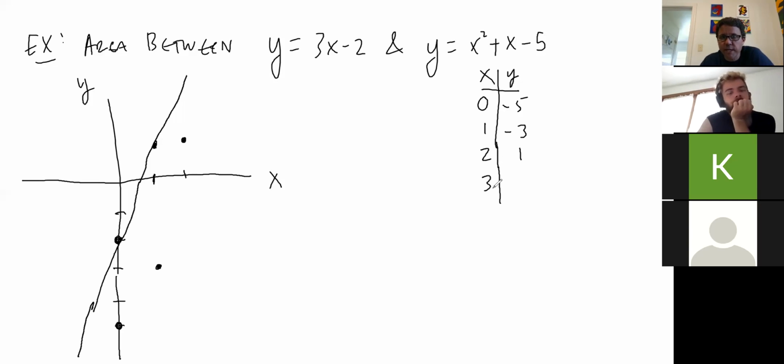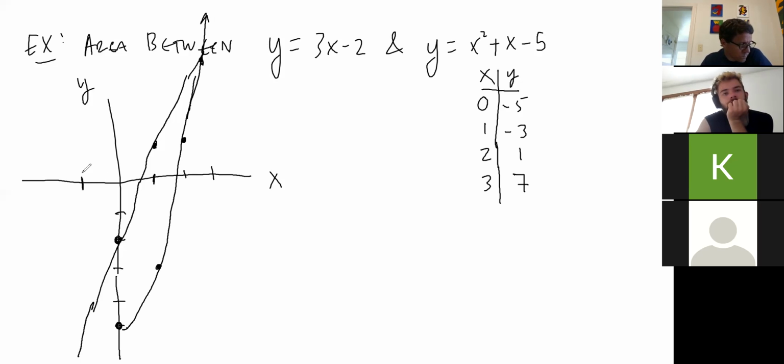If I plug in 3, I'll get 9 plus 3, which is 12, minus 5, which is 7. And if I plug in 3 over here, I get 3 times 3, which is 9, minus 2, which is also 7. So up here somewhere I have my parabola, which continues throughout, but it hits my line there. It's going to come down, and at least it comes down to here. So let's see what happens on the other side, say at -1.